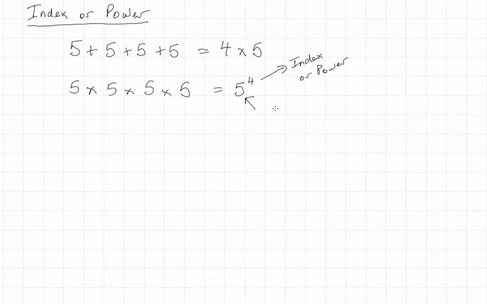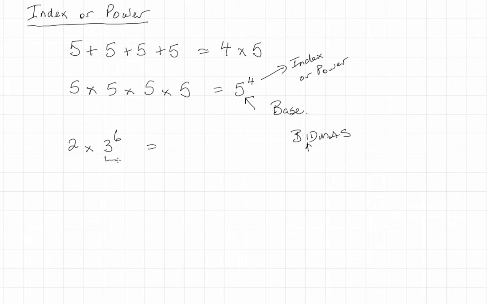This number down here is what we call the base. So it's a base that's raised to a power, and it's only if that number is multiplied repetitively. So if we've got a number, say 2 times 3 to the power of 6, what we do is, using BIDMAS, there are no brackets, there is an index though, so we do the index first.